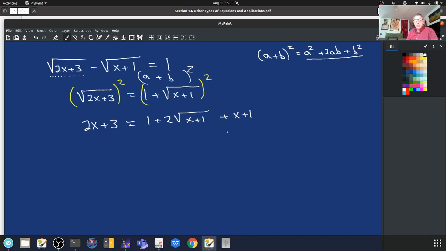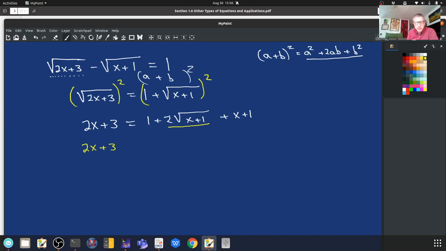So now I'm going to have to isolate this radical by itself. That means these terms have to move over. So that's going to give me 2x plus 3. And 1 plus 1 is 2.